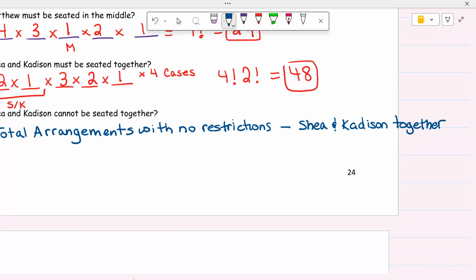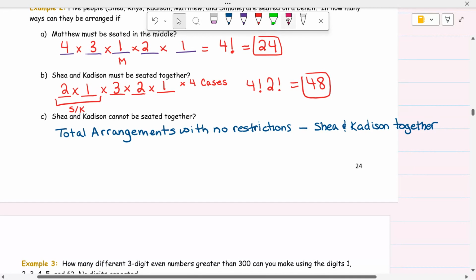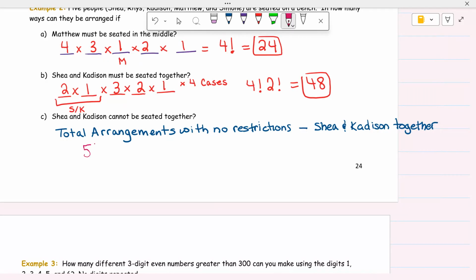Okay. So we know total arrangement with no restrictions. How many kids are there? 5. So no restrictions would just be 5 factorial. Minus, since we cheated already, we're using B. But if B wasn't done for us already, right, that's what we'd have to do, is we'd have to figure out Caddison and Shea together. Right, but I'll do this. Look at B, right, so then it would be 5 factorial minus 48.